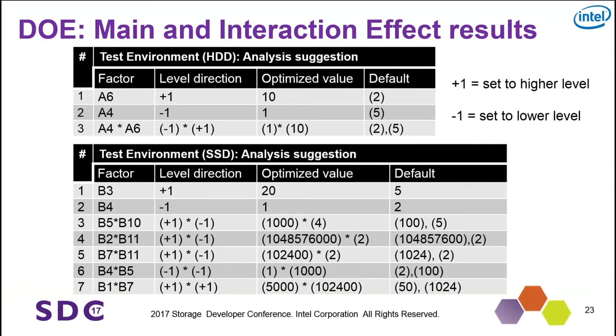I did not show the confidence interval for each finding here. It's about 5 to 7%. So if you set up the optimum value and run your test, you should be able to get a mean value within 5 to 7 percent difference, plus or minus.